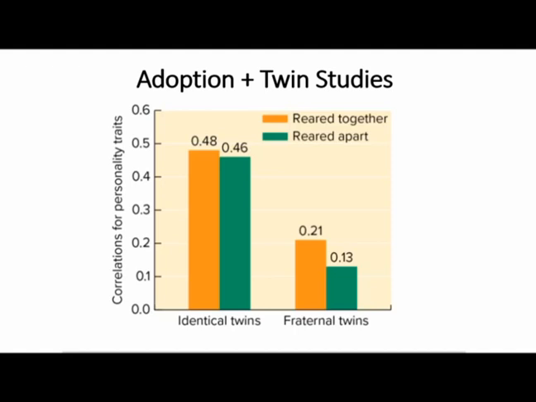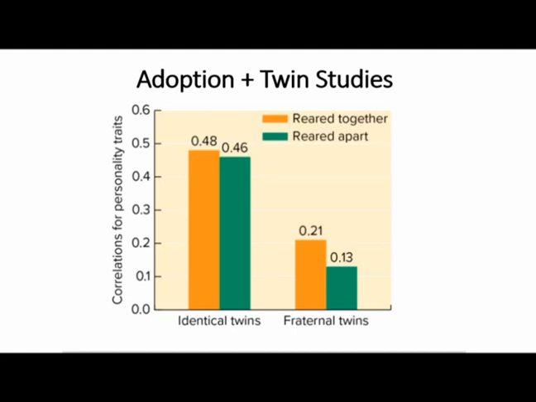But that's not the whole picture, because the highest level of criminality, so the highest correlation between the son having a criminal record, happened when both the biological father and the adoptive father had a criminal record.